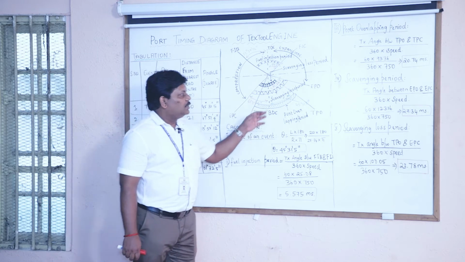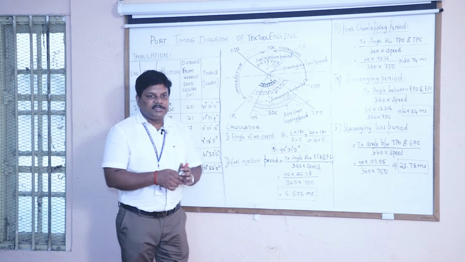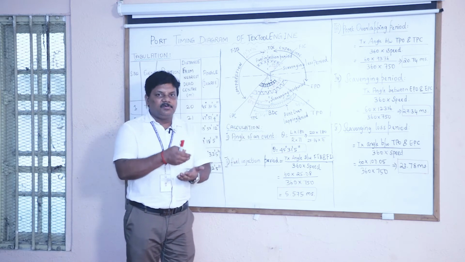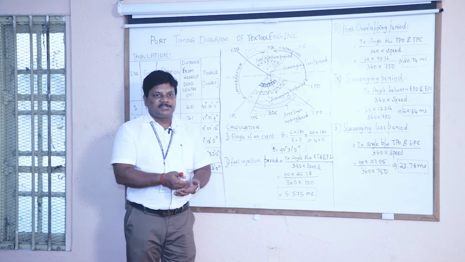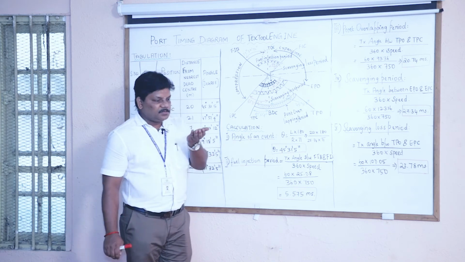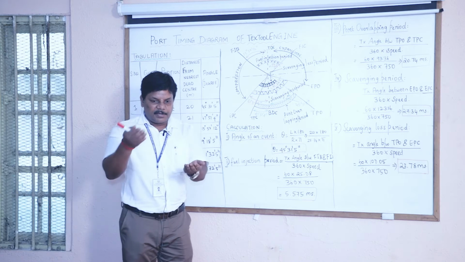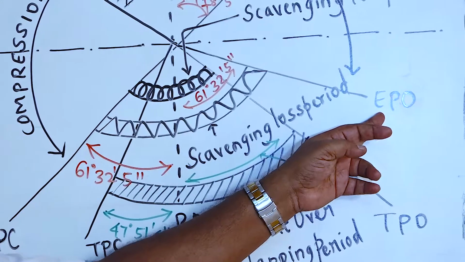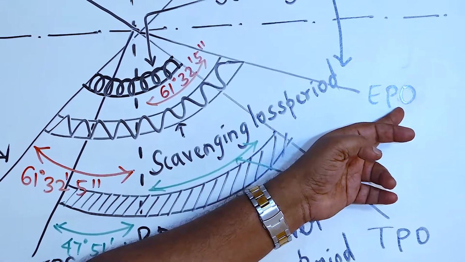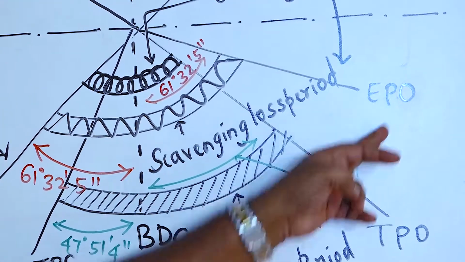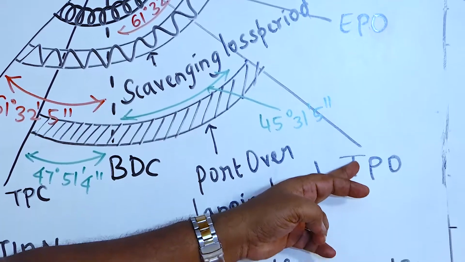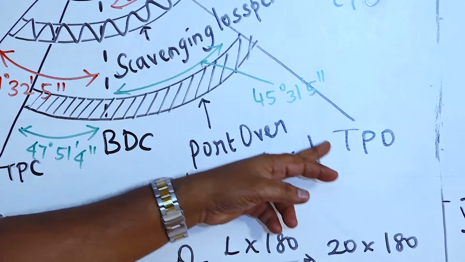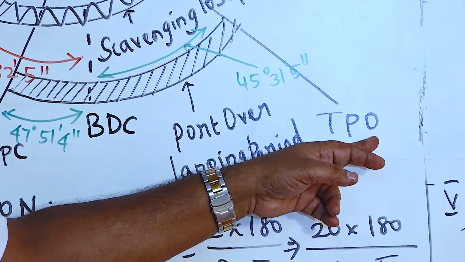In the experiment, you can see you have moved the piston downwards by rotating the flywheel. When it moves downwards, initially the exhaust port gets open. On further downward movement of the piston, you can see the transfer port also open.